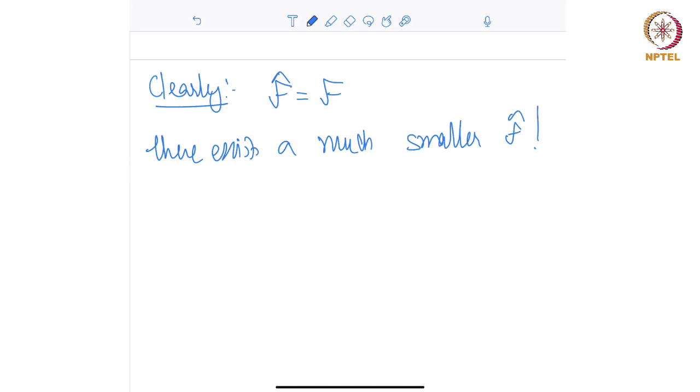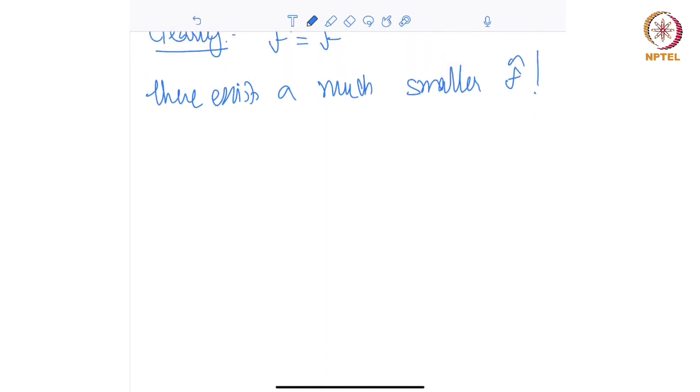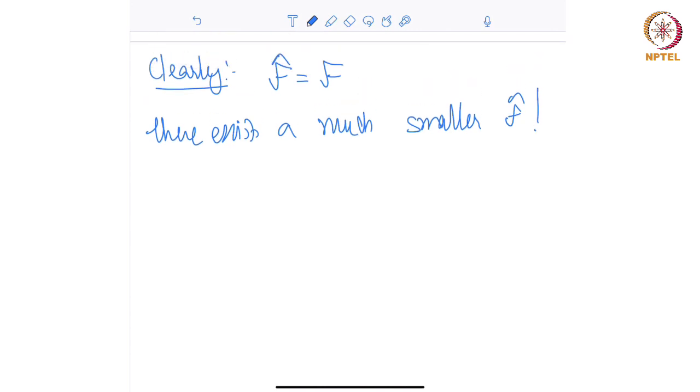So just to do that, let's consider F hat, a subset of F, which is minimal.